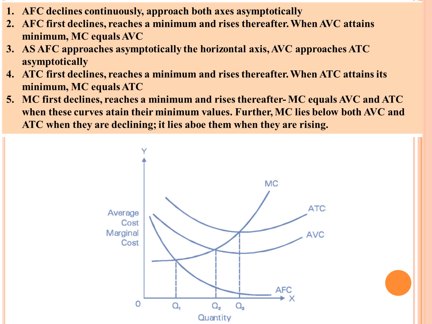In this way, you have to learn three important things. You just have to memorize all these things. Total fixed cost is always constant, so it is always parallel to the x-axis. Second, average fixed cost is a rectangular hyperbola.